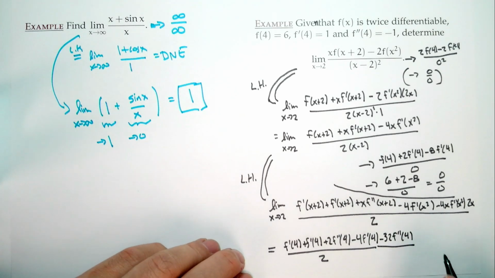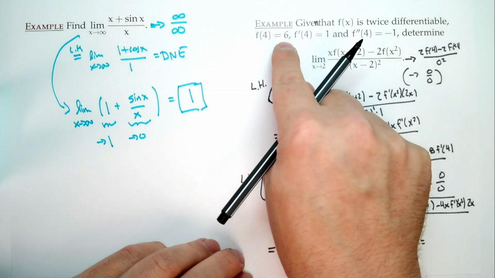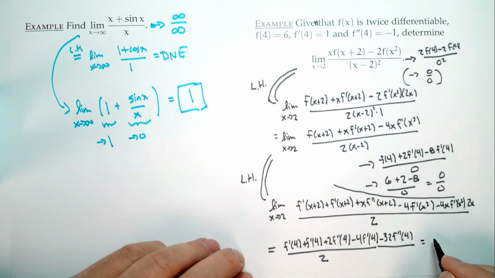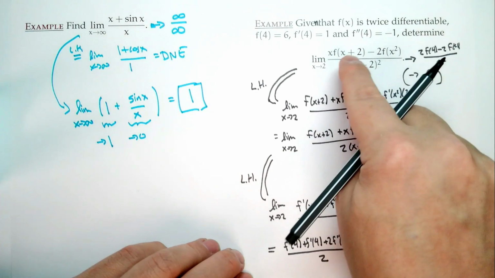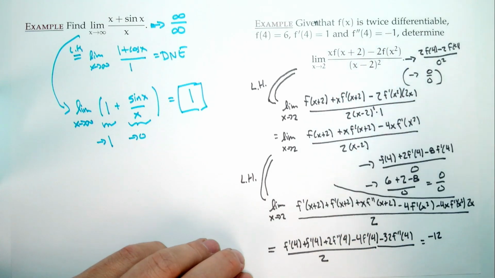So, well, for f prime of 4, we got 1, 2, minus 4 makes negative 2. So there's negative 2 of those. So that's negative 12. And then we have 2 minus 32. That's minus 30 f double prime of 4. So minus 30 times negative 1. So that's a plus 30, all over 2.